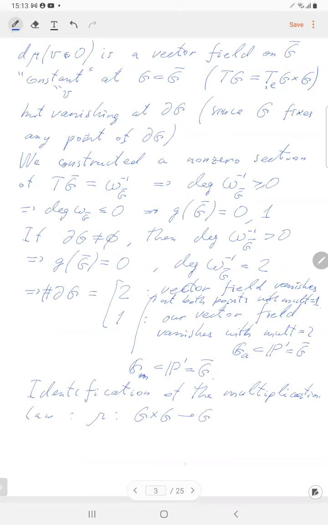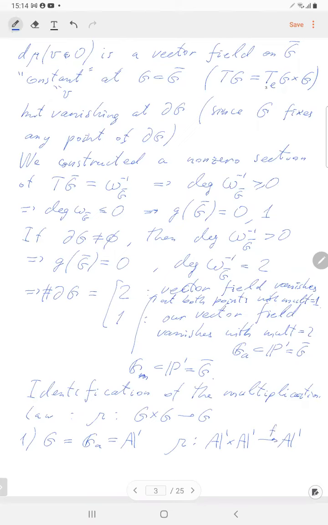Okay, so let's first consider the case when G is the additive group. So it's just the affine line so far. And then mu is just a morphism from A1 times A1 to A1. So it's given just by some function.